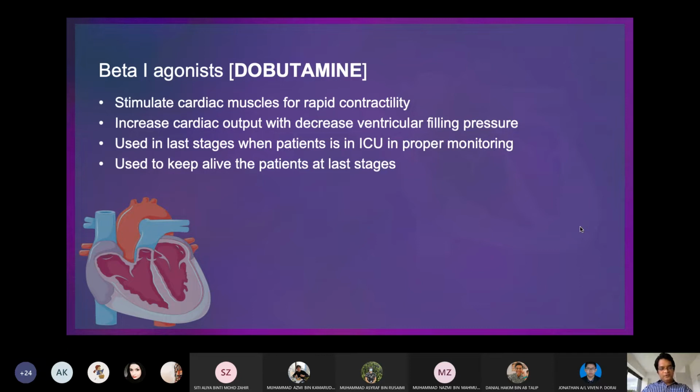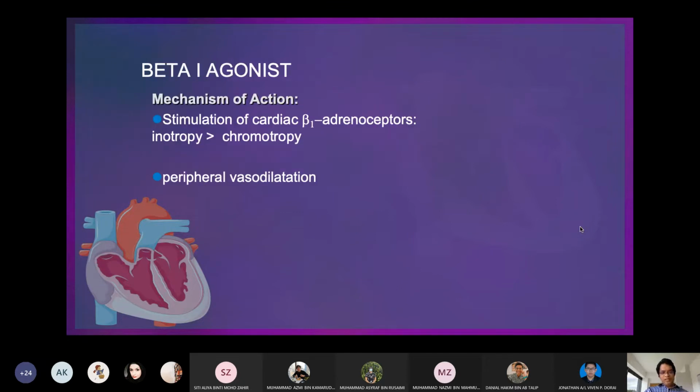Digoxin and phosphodiesterase enzyme inhibitors both have a similar kind of activity, increasing intracellular calcium concentration. On the other hand, beta-1 agonists act by directly stimulating the beta-1 receptor, which you already know from yesterday's class. They improve the inotropic and chronotropic effect.